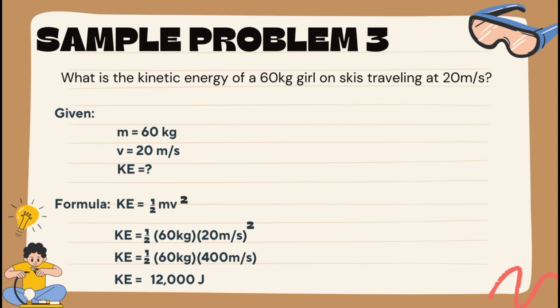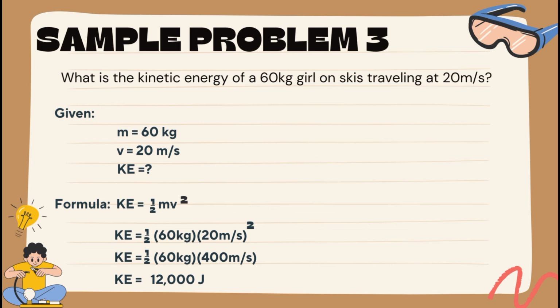It is the same process as sample problem number 1 and sample problem number 2. First, let's get all the given values. Our mass is 60 kilograms. Velocity is 20 meters per second, and still our missing value is kinetic energy. After we get all the given values, let's proceed with the correct formula.